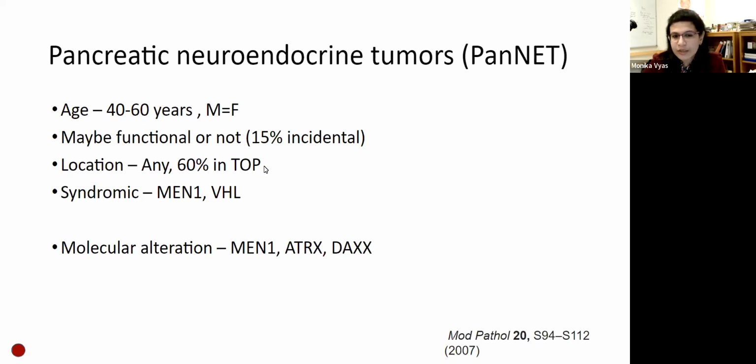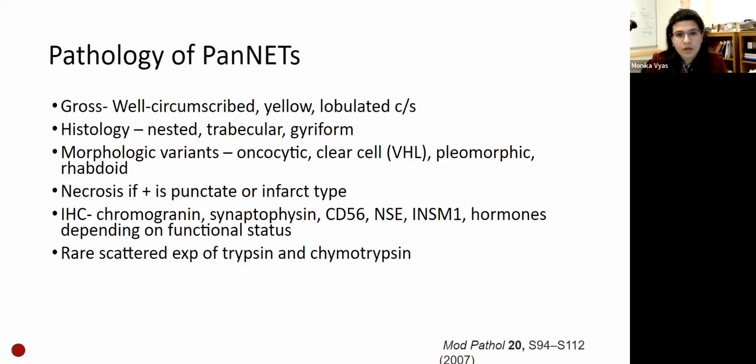Location wise, they can be located in any part of the pancreas, but are more common in the tail, and they're often described in conjunction with some syndromes such as MEN1 and von Hippel-Lindau syndrome. On a molecular level, the well-differentiated neuroendocrine tumors often harbor mutations in the MEN1 gene or ATRX or DAXX genes.